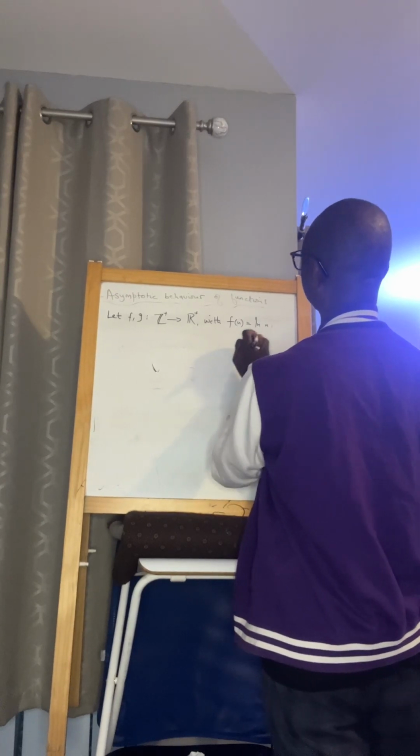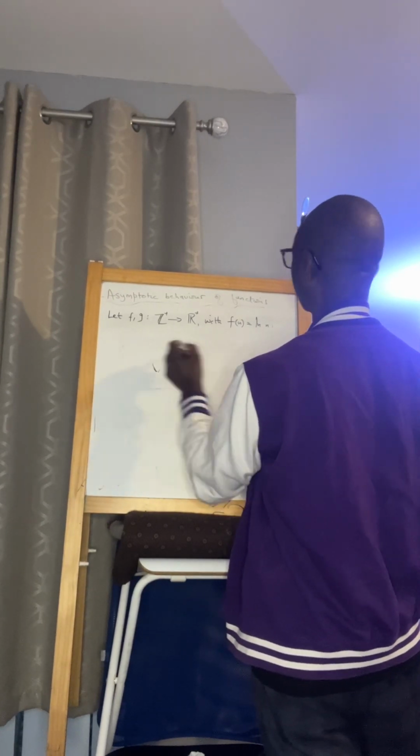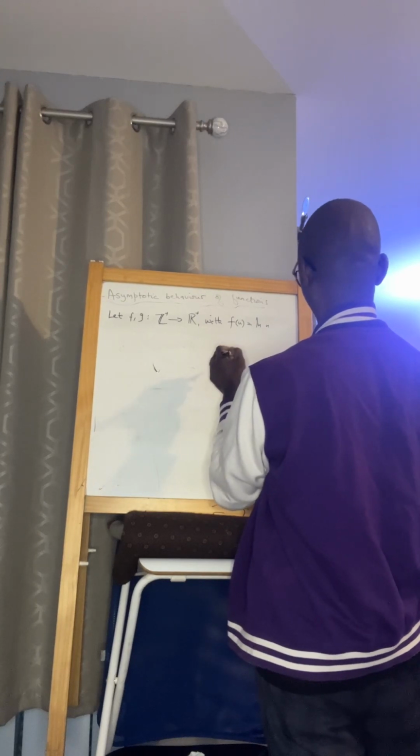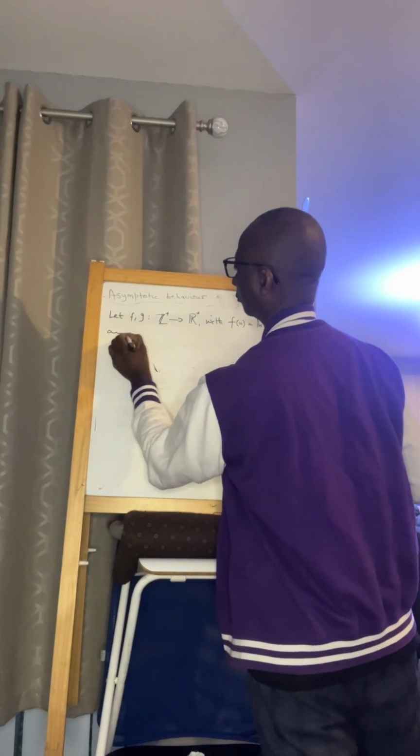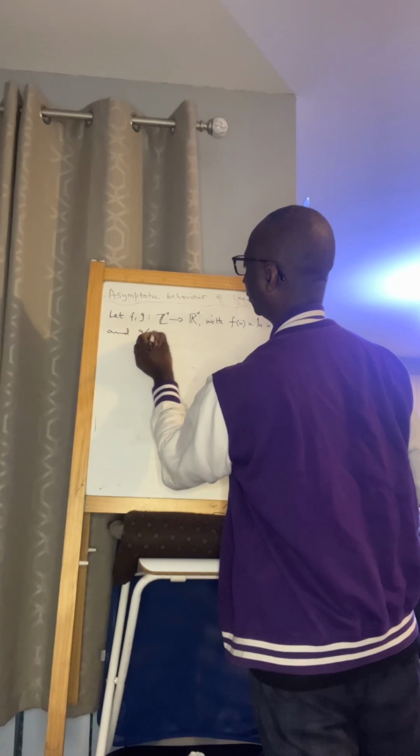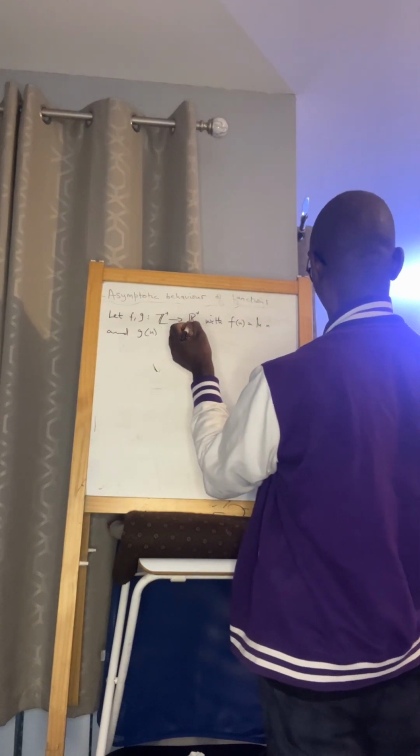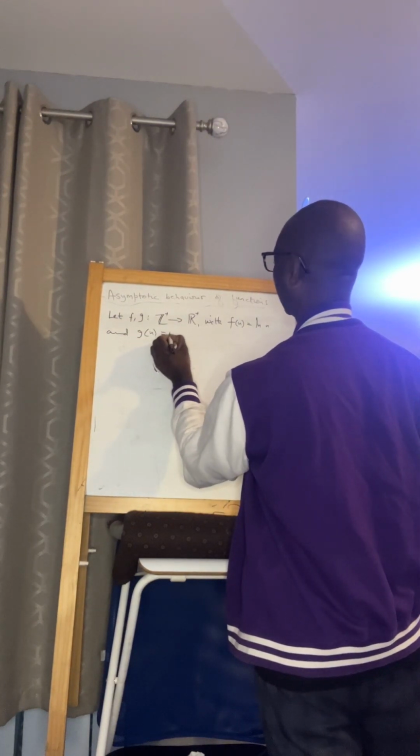Normally it's like this, natural logarithm of n, and g of n equals n.